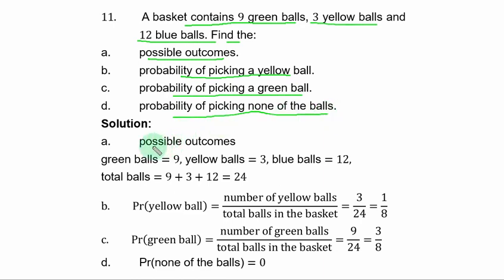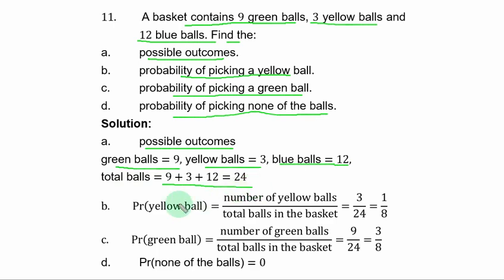Solution. For the possible outcomes, you need to note that the number of green balls in the basket is 9, yellow balls equal to 3, blue balls equal to 12. For total outcomes, that is total balls, you add all together, and that is 24.